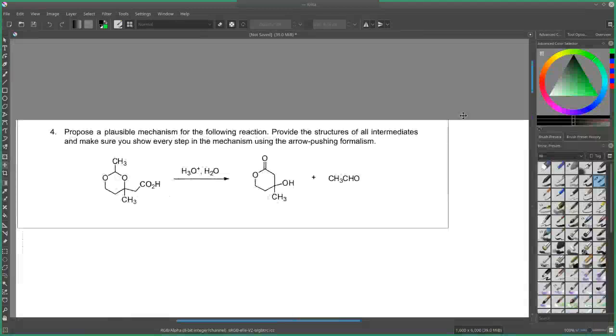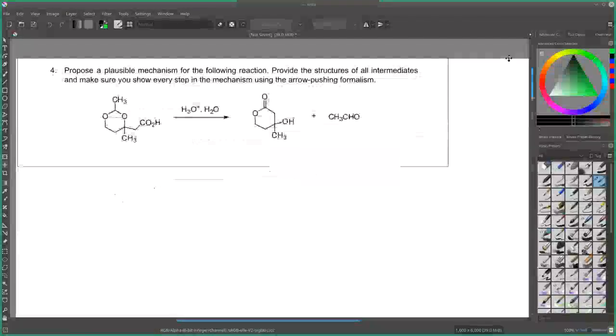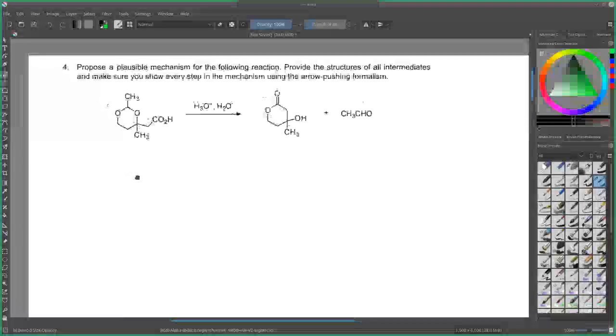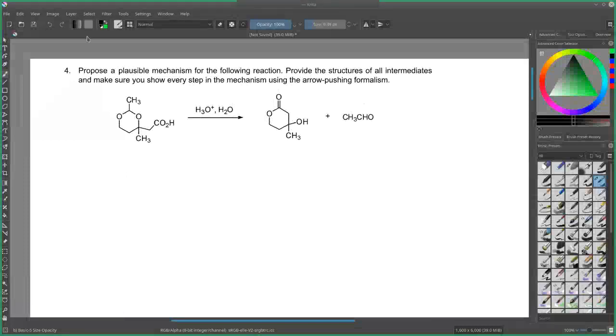Okay. So we are tasked in this question with proposing a plausible mechanism for this problem that we have here. Provide structures of intermediates, use arrow pushing formulas. Okay, cool. So if we're starting to approach this problem, how about we take a look and we see a couple of different interesting things.